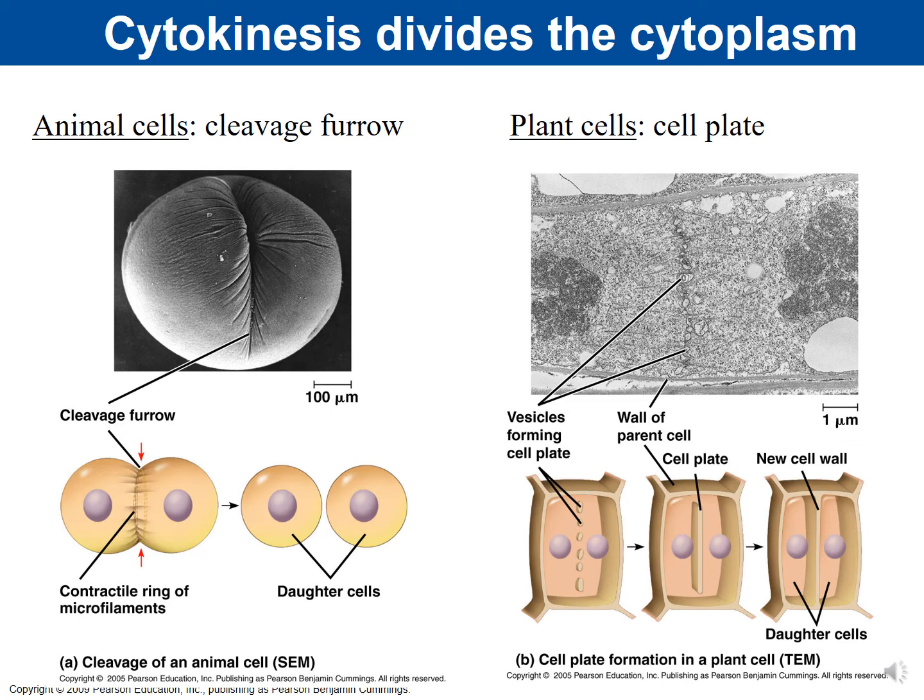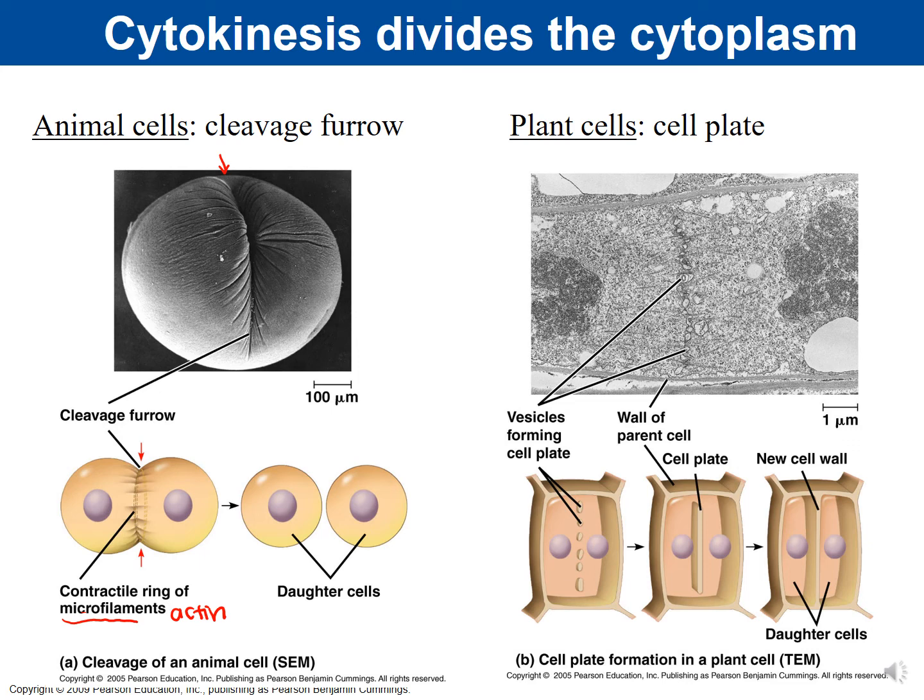And so what that means is that you're going to notice we have this contractile ring of microfilaments, which is also called actin. It's a cytoskeletal element. And so those actin filaments are going to form a ring around the middle of the two cells. And so you can see this in this electron micrograph of an animal cell. You can see this cleavage furrow. And so these actin filaments are going to form this ring around the cell.